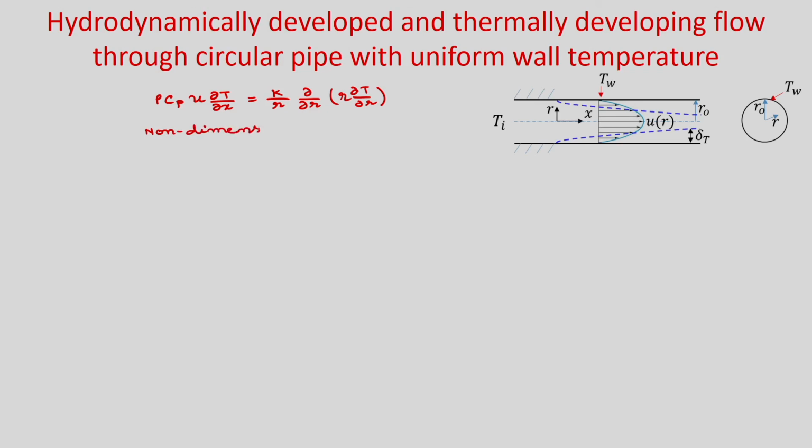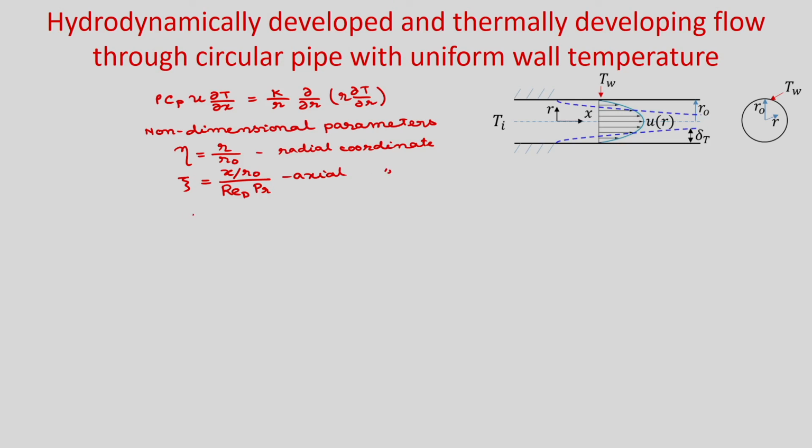Eta is r by r naught, the non-dimensional radial coordinate, and zeta is x by r naught Re_D into Prandtl number. This is your axial coordinate.